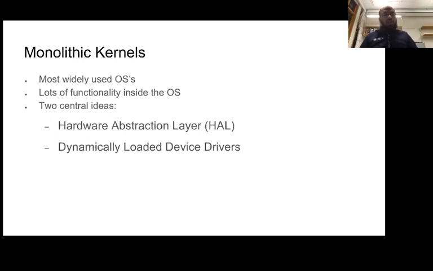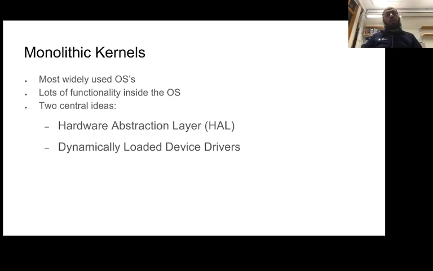It's basically Linux, Windows, Unix, BSD, Mac OS X, and Android, you name it. All of these are called monolithic kernels. They're built with lots of functionality inside the operating system. Everything that you can fit in the operating system, you just throw it in. And it has two central ideas.